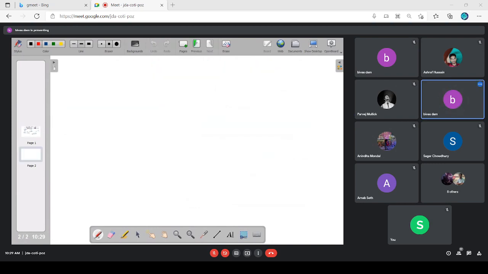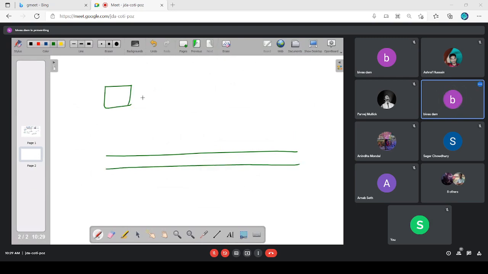Now let us go for one thing. Say, forget about the processor. Let us concentrate on the input devices. I'm not drawing the processor, but definitely it is there.